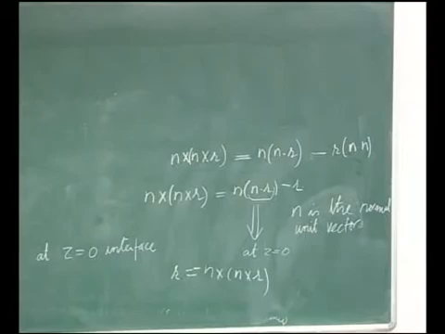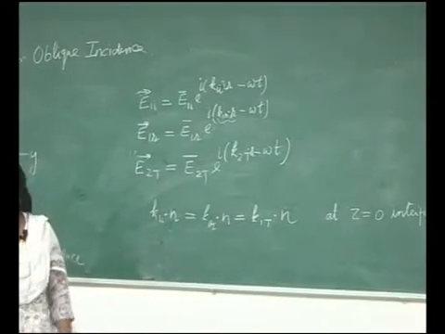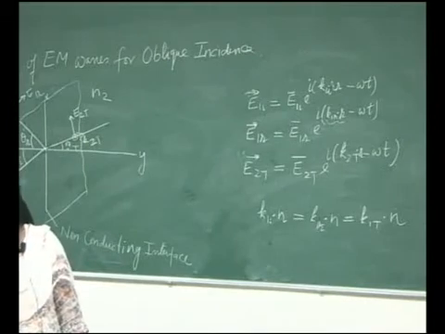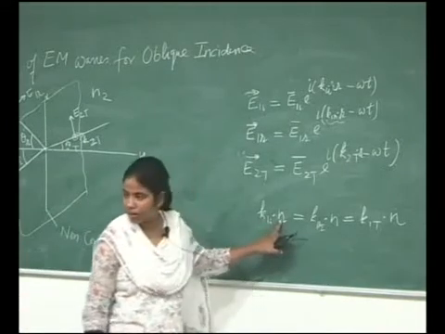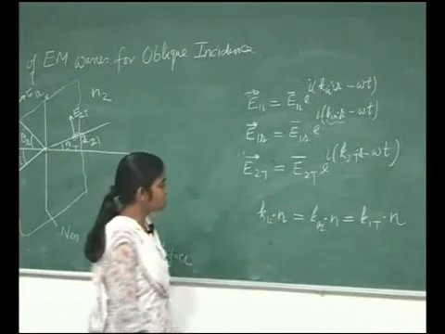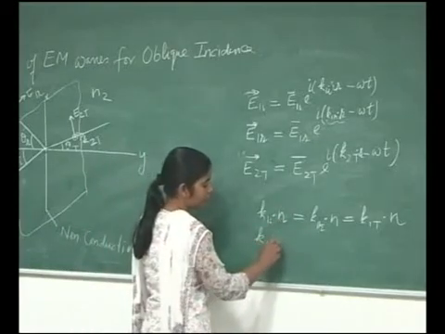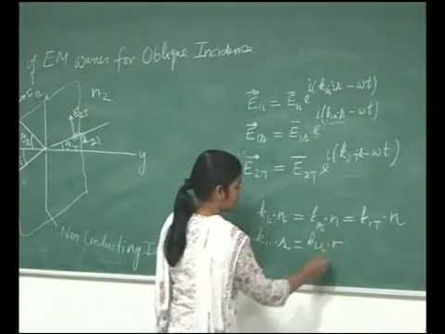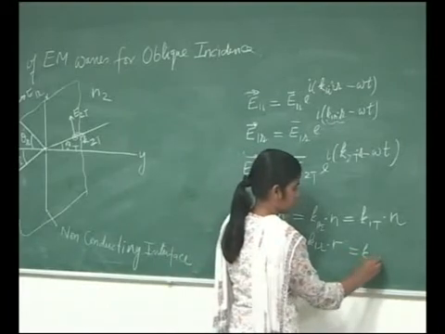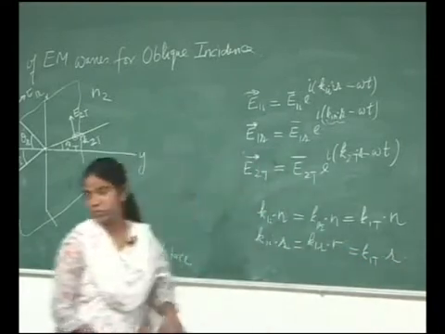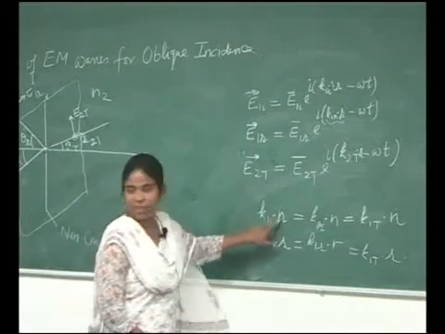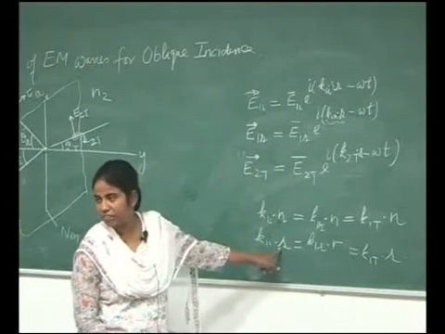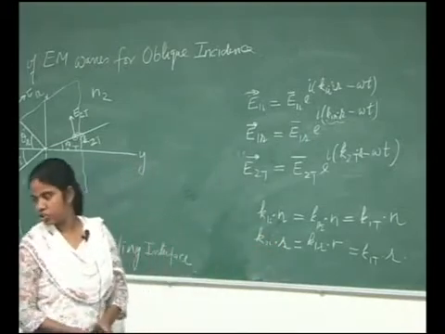If this is true for the normal vector, this should also be true for some arbitrary position vector at the interface. If this is true for a normal unit vector, then this should be true for an arbitrary position vector.